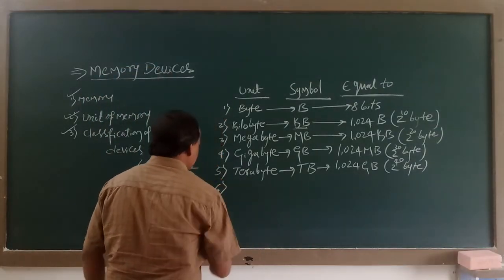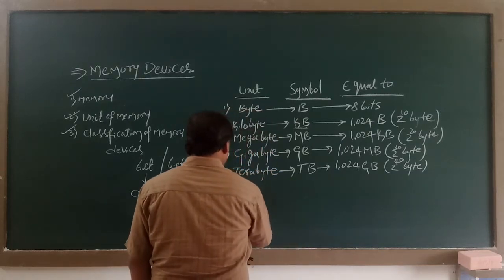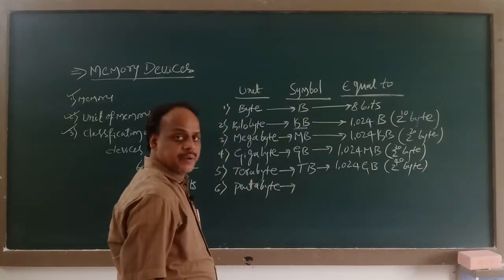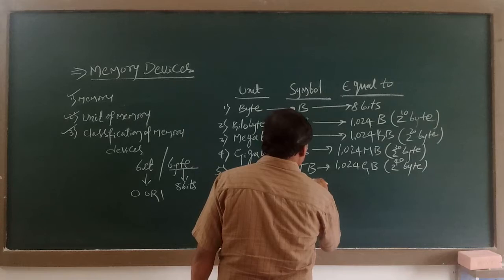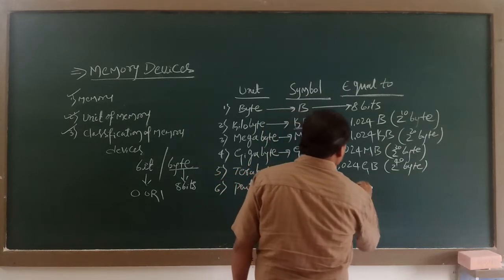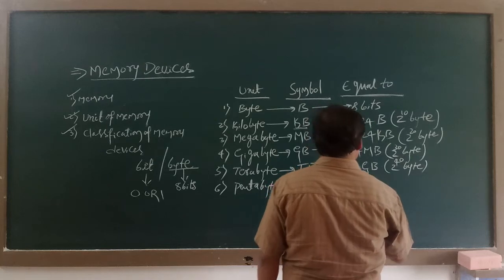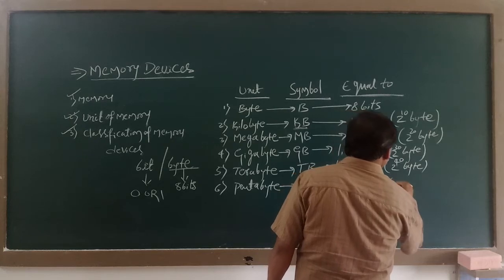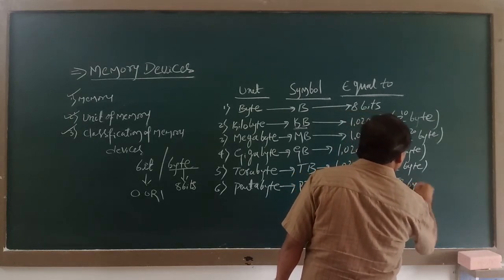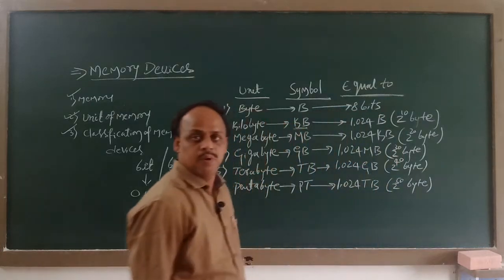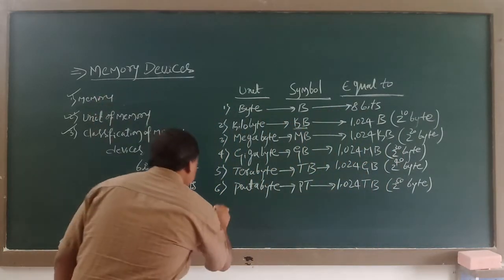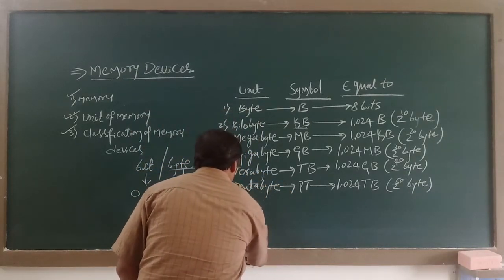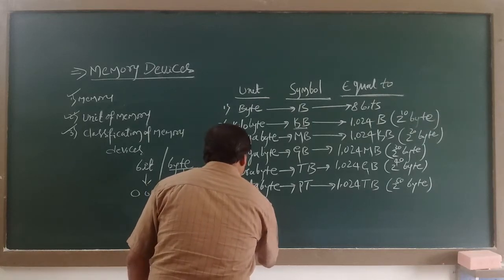Next, sixth one, petabyte. It is indicated by PB, that is 1024 terabytes, TB, that is 2 power 50 bytes, right, 2 power 50 bytes. Next, seventh one, after petabyte, exabyte.